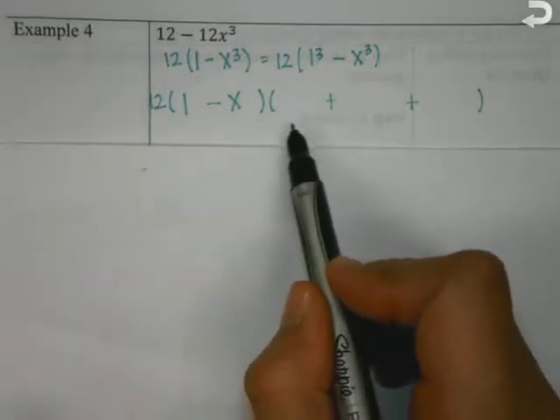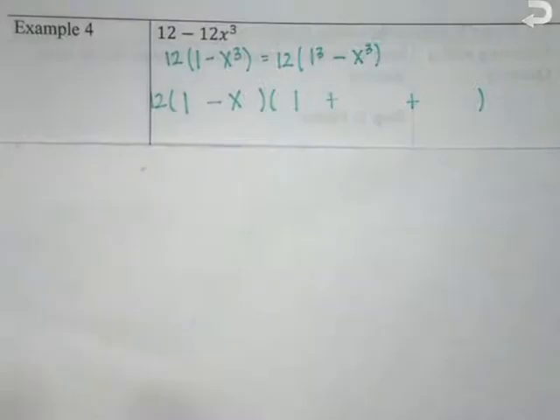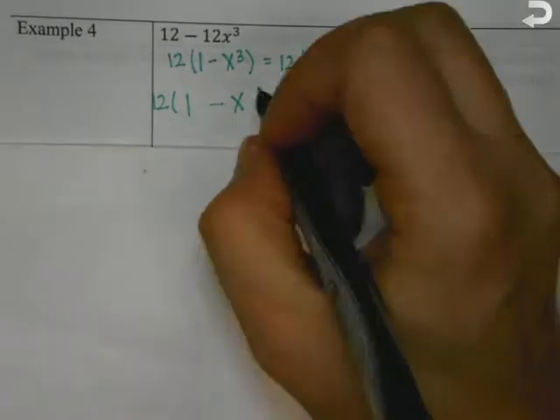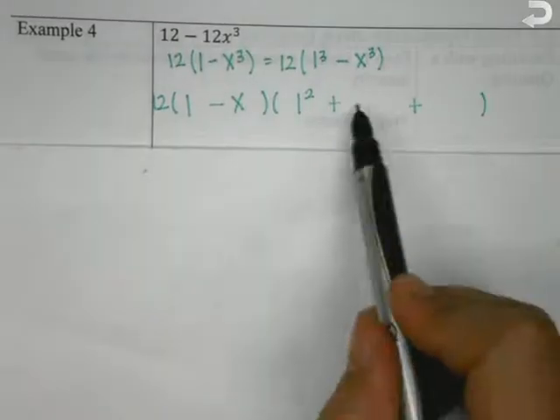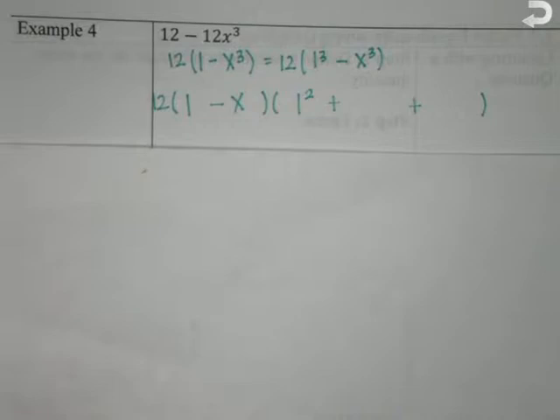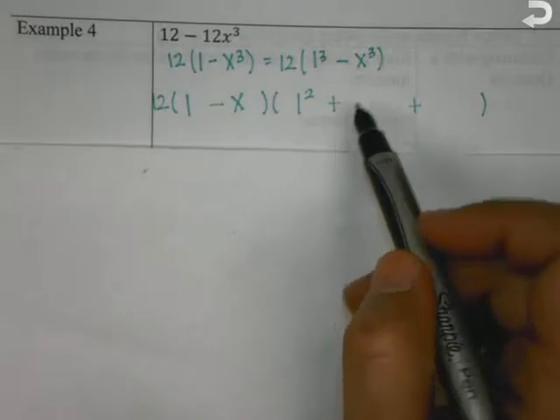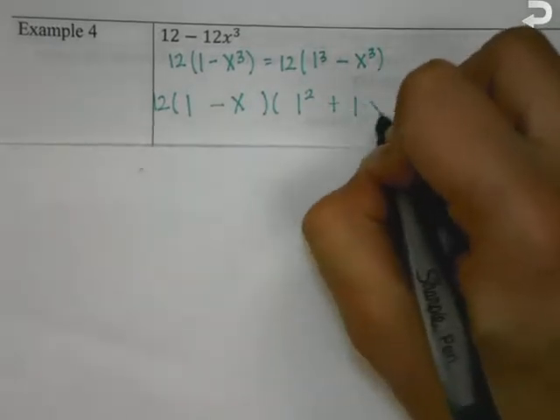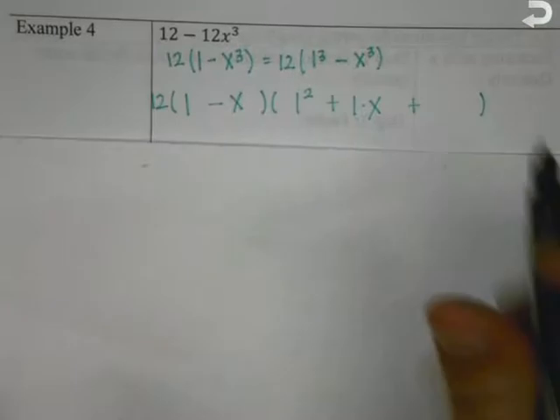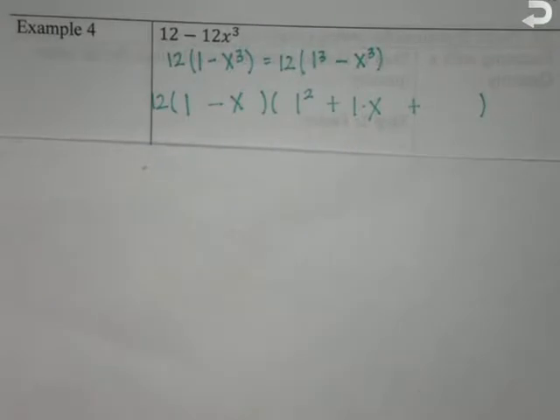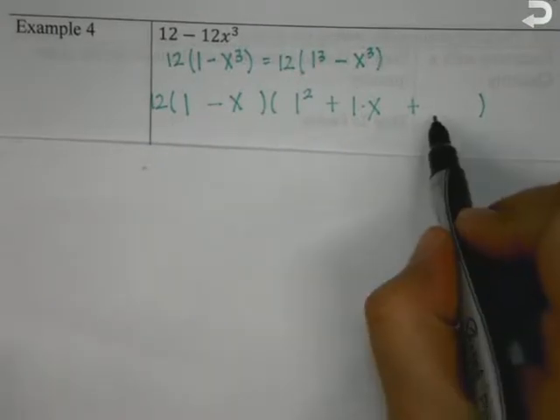Squared. Okay. What about this blank right here? What goes in the second blank? Who's in 21? 1 times x. Beautiful. Okay, what about this blank right here? What goes there? Who's in 37? X squared.